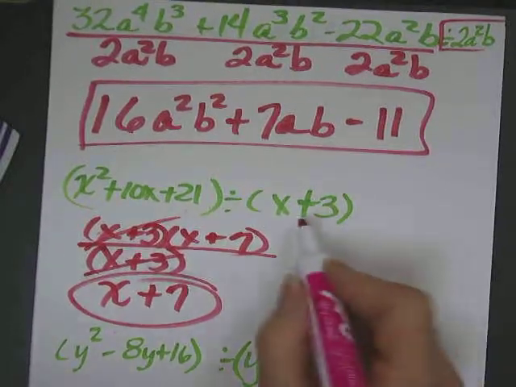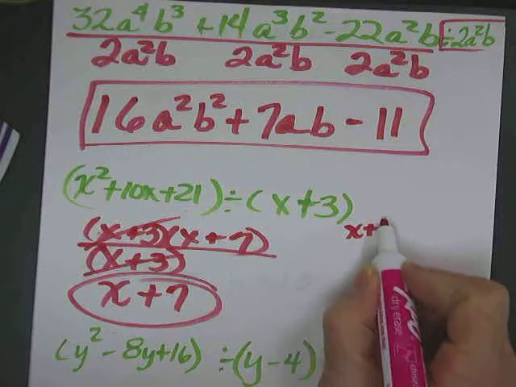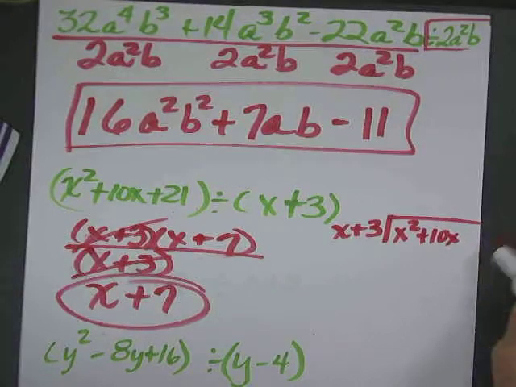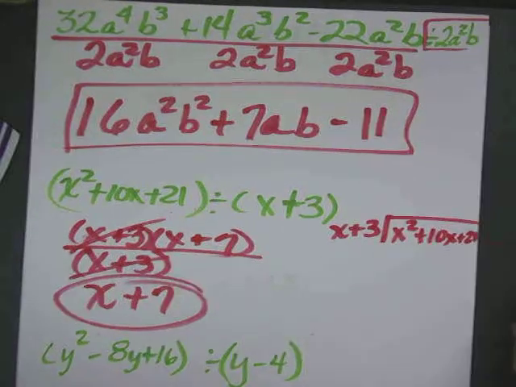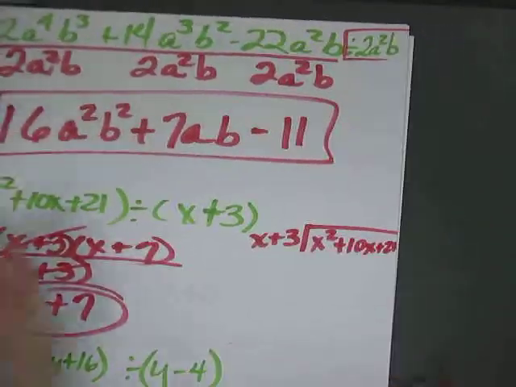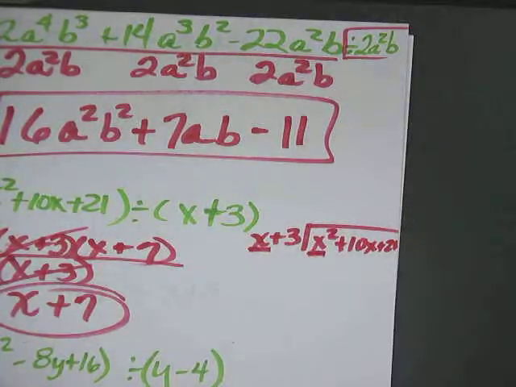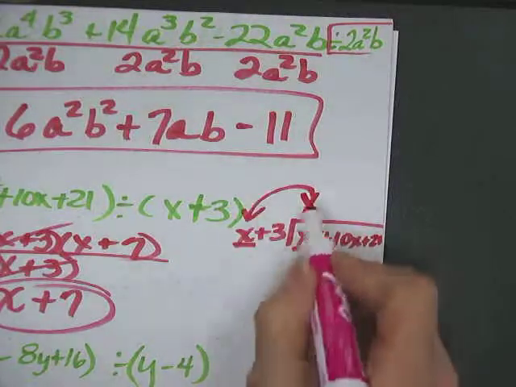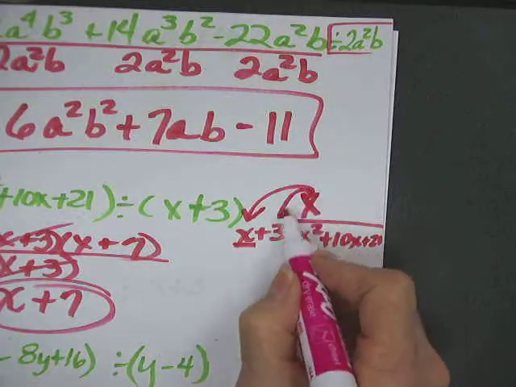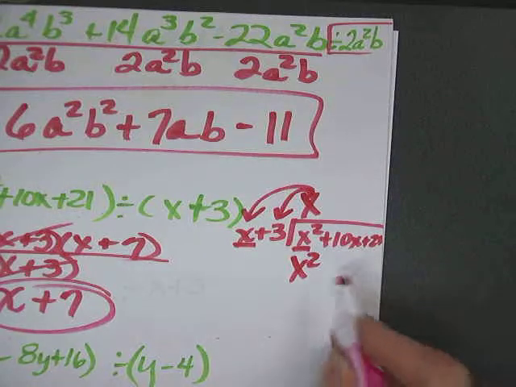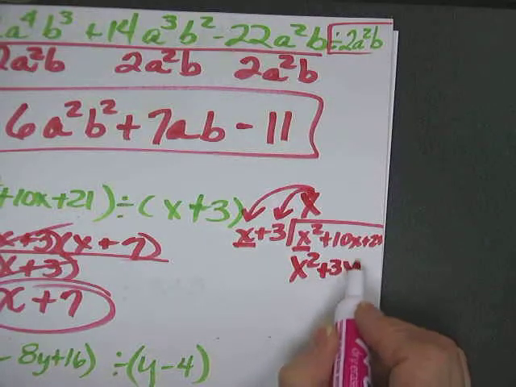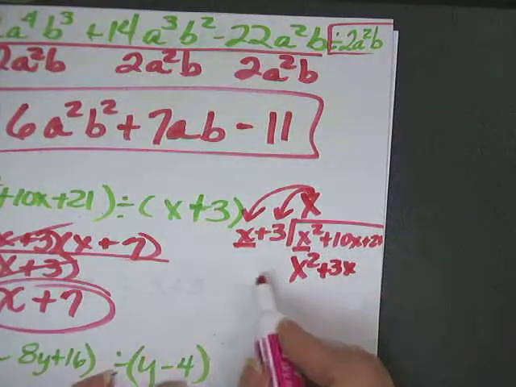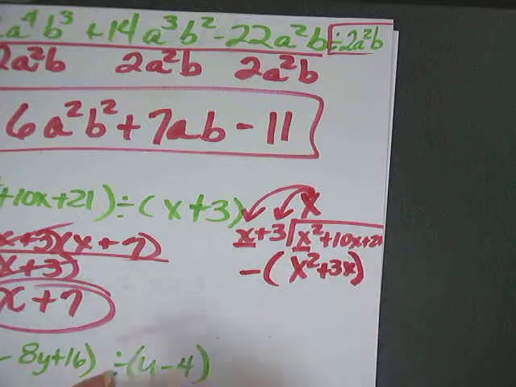Okay, there's a way to do it using division. Okay? Division, you put this on the outside. x squared plus 10x plus 21. What would you multiply this by to get this? x, right? Multiply x times both terms. x times 3 is 3x, right? We're subtracting this, right?